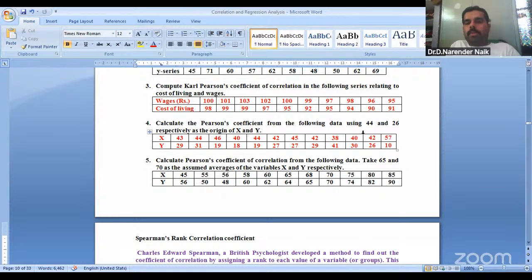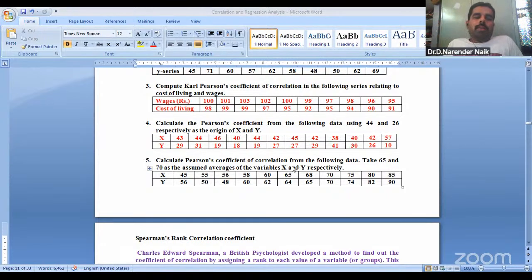So sometimes the examiner will give 44 and 26 like this. At that time, no need to take any assumed value. Okay, so this is the situation. The next one, you observe carefully. When 44 and 26 are given, then immediately we will take these 44 and 26 for subtracting the values.